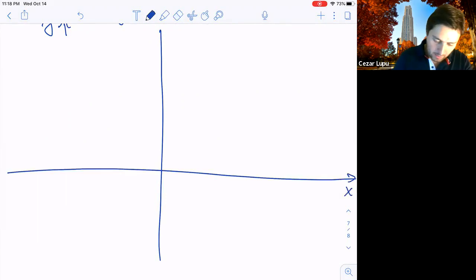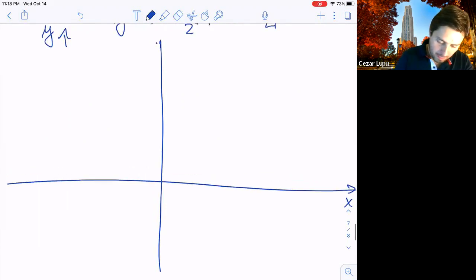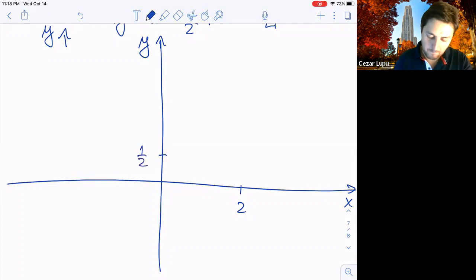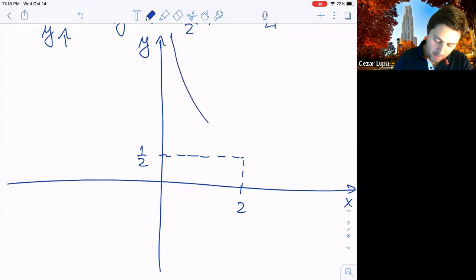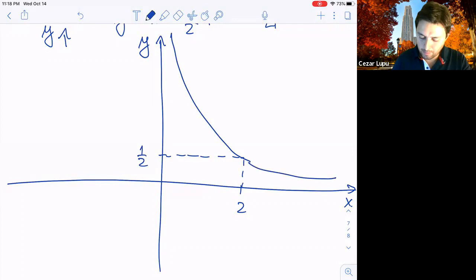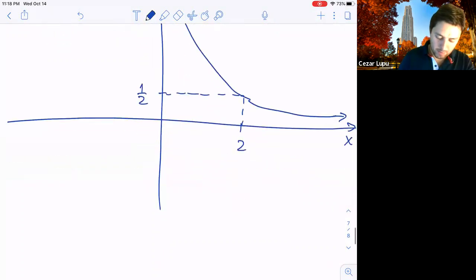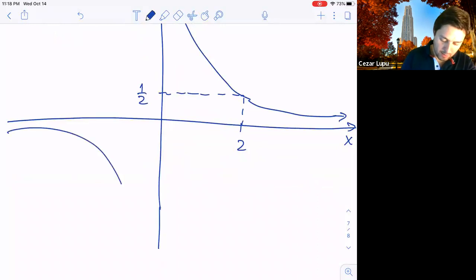Okay, maybe like this. So I have the point, let's say here 2, and let's just say here it's 1/2. All right. So this function will be like this, and also it will be something like this.